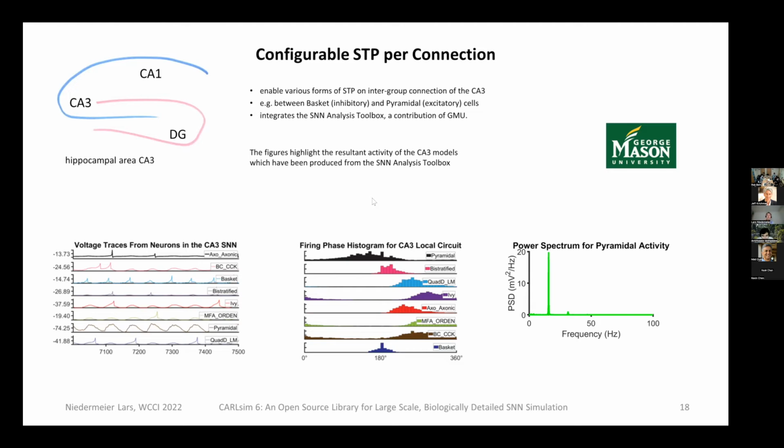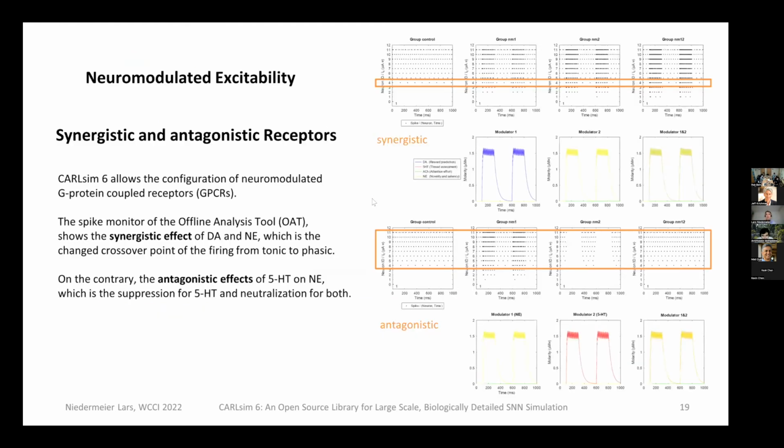Some more features. I only want to briefly show the receptors. We can model synergistic and antagonistic receptors. That means they can work together or against one another, and they can be configured so that two neuromodulators define their excitability.